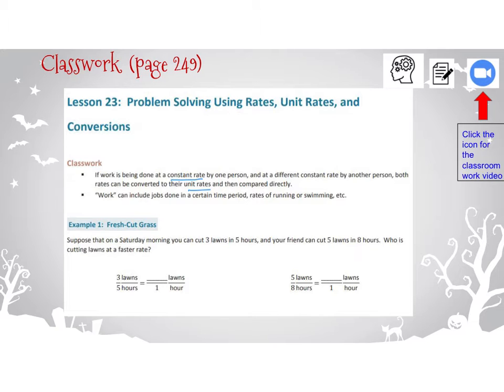So with my 3 and my 5, I want to divide. I've got 3 divided by 5, which is 0.6. So 6/10 of a lawn would be done in an hour, a little bit more than half.